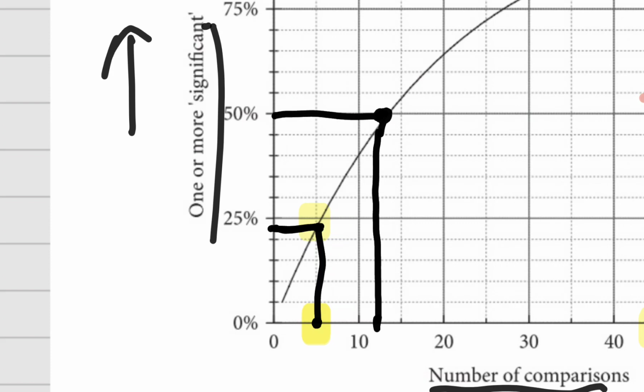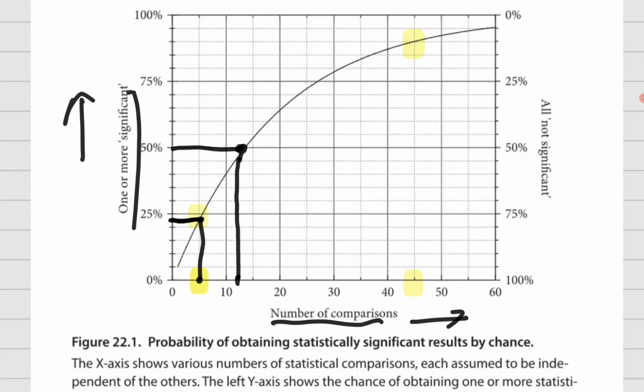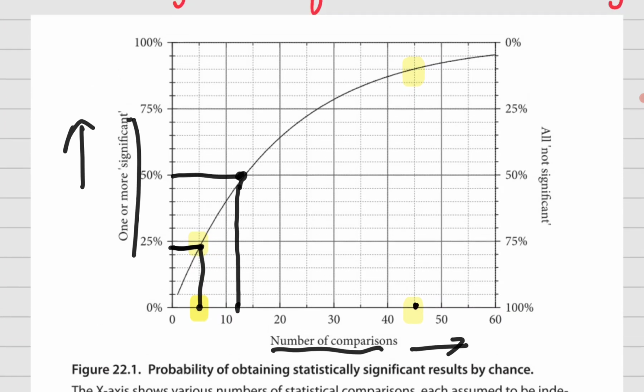So when you're making 13 independent comparisons, there is a 50% chance that at least one comparison out of those 13 could have a significant p-value, even if the null hypothesis is true in all the 13 experiments. Similarly, you can see this number 45. When you are doing 45 comparisons, the family wise error rate is near about 90%.